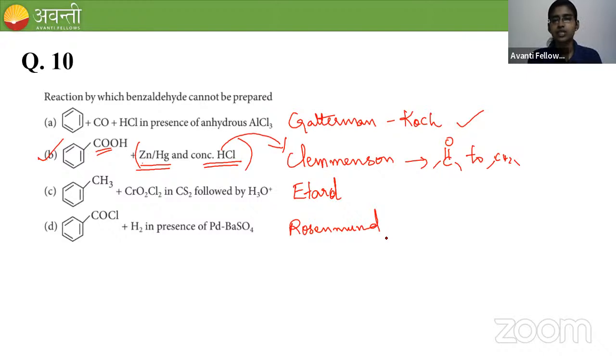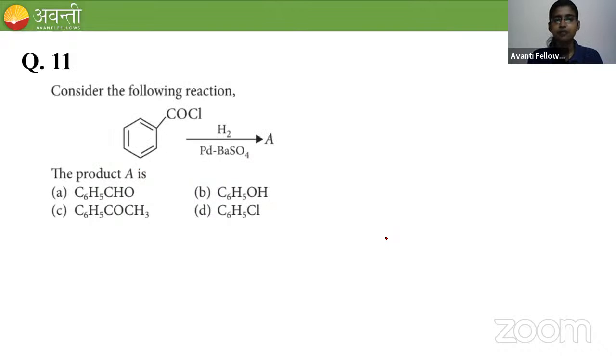Shall we move on to question number 11? Consider the following reaction and find out the product A. That's an easy question. What is the answer for question number 11? Just reply quickly. Just now we have seen.